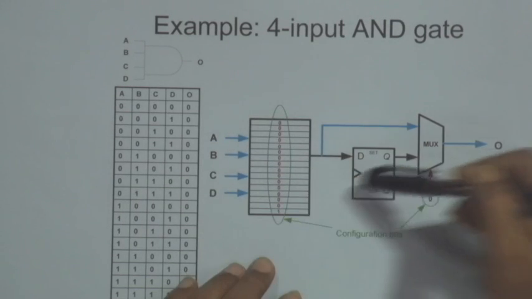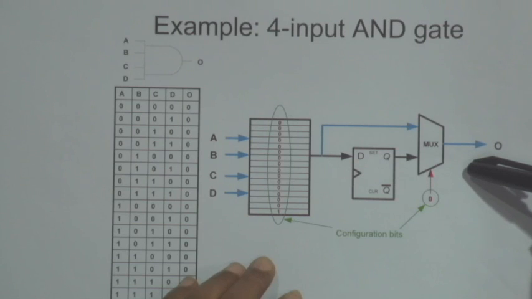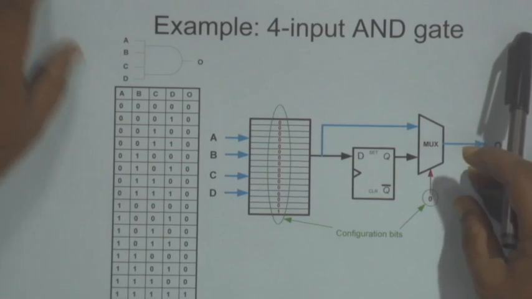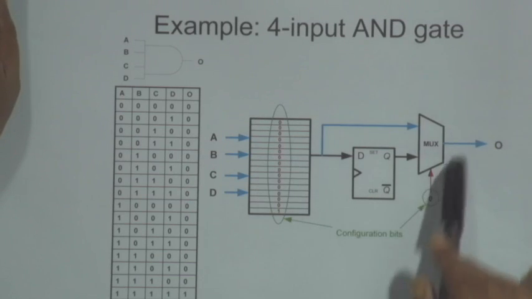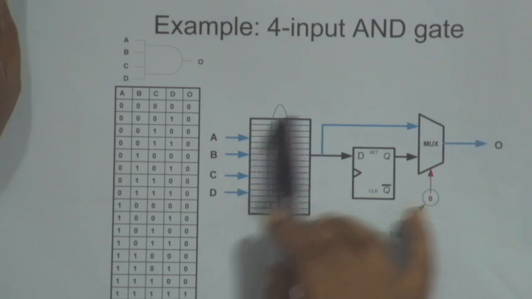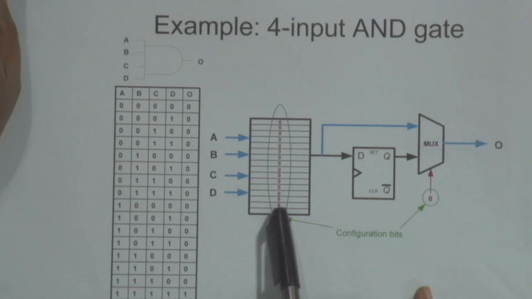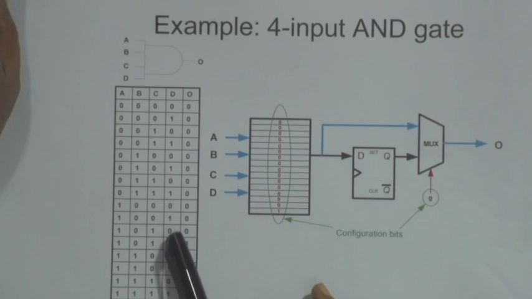Thereby, I can implement a 4 input AND gate using this. That was a very simple design by programming one particular CLB. Here only one CLB has been used, and that CLB has been programmed as a 4 input AND gate.